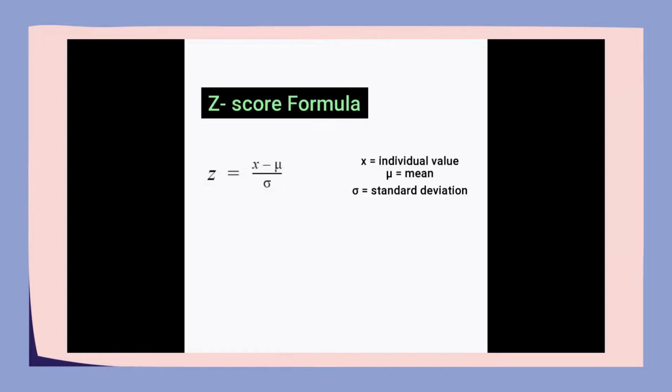One, subtract the mean from your individual value. Second, divide the difference by the standard deviation. Okay? So, Z stands for Z-score, X is the individual value, μ is the mean, and σ is the standard deviation.